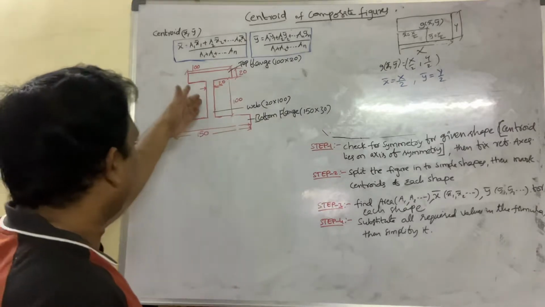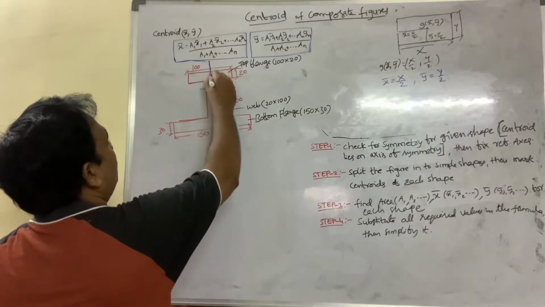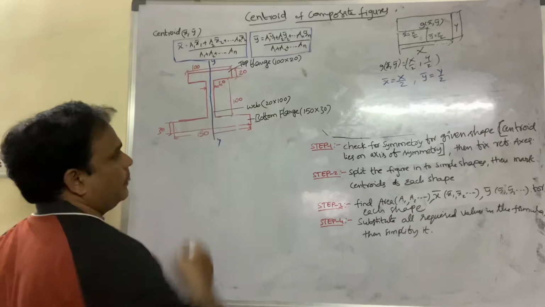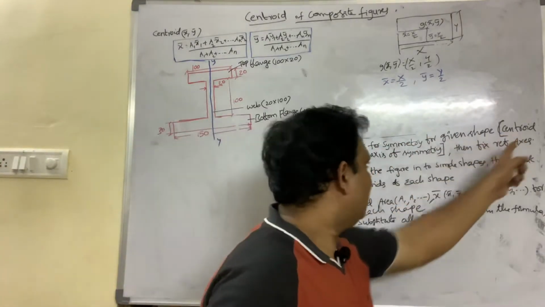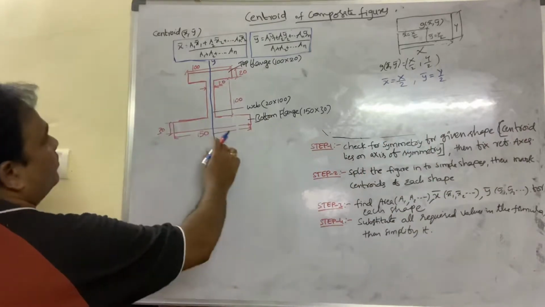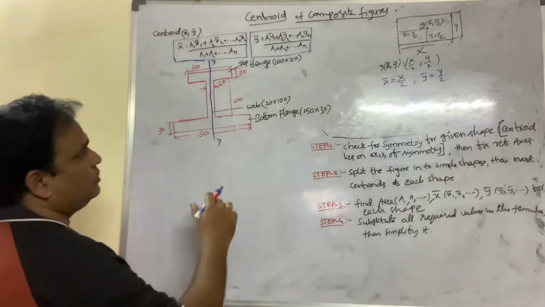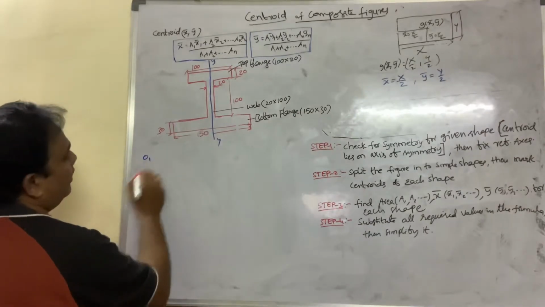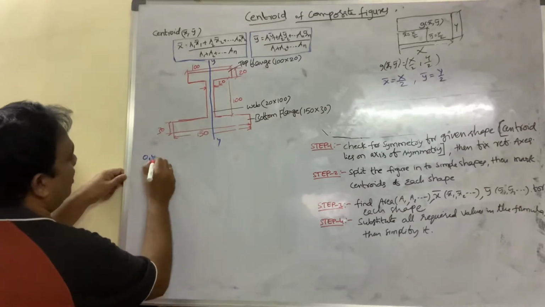By seeing this figure, we can easily say that the given figure is symmetrical about the y-axis. So this is the y-axis. If the given figure is symmetrical, then the centroid lies on the axis of symmetry. Here the axis of symmetry is the y-axis, and on the y-axis the coordinates of the centroid would be 0 comma y bar.